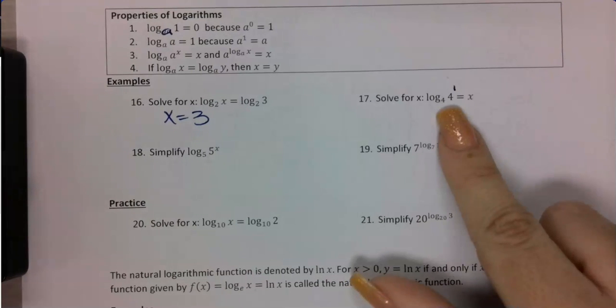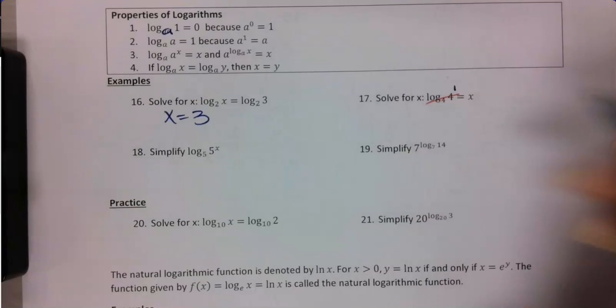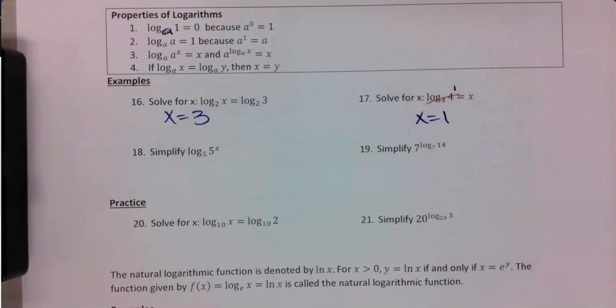Whenever I have a log base and the number right after it, those are the same and they cancel out. So then I just take my exponent, which is 1. And that's my answer here, because it's a first power.